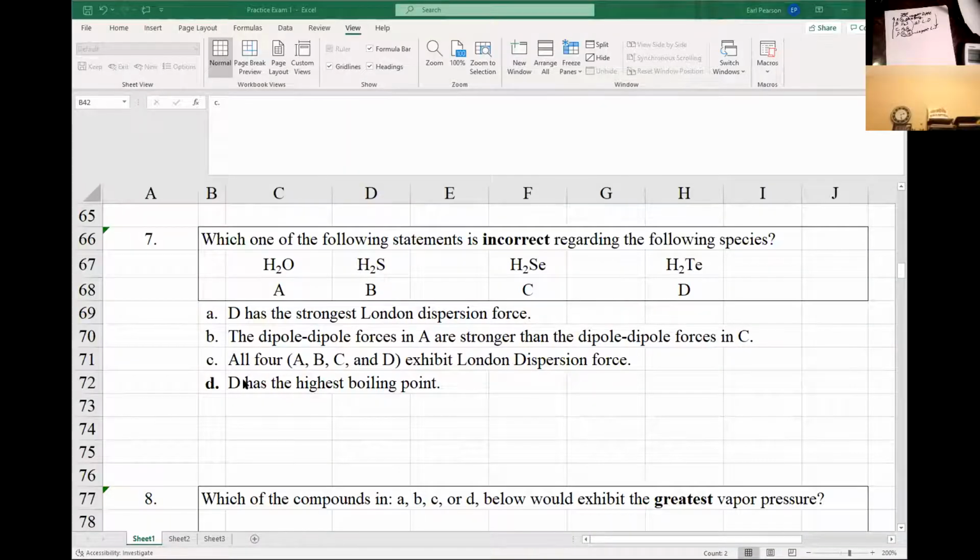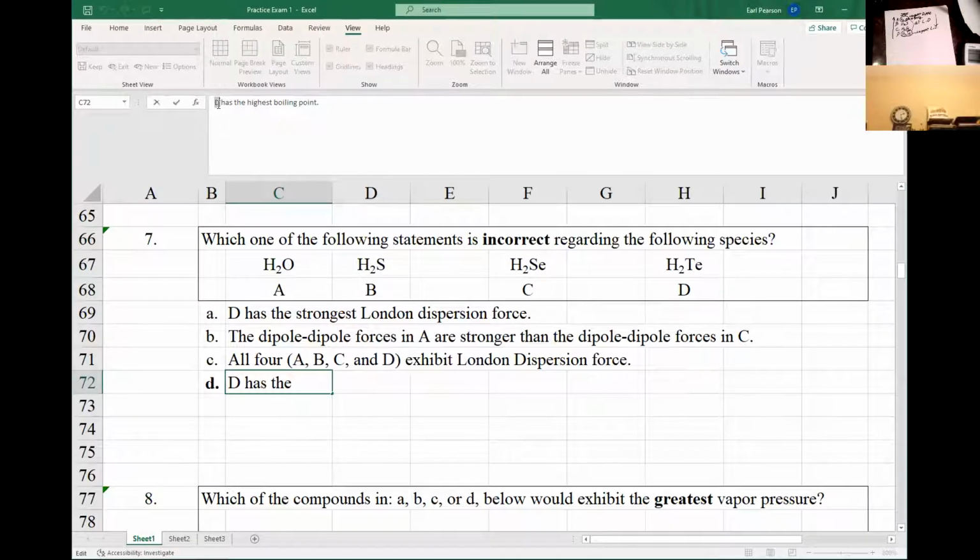I think they got changed. Maybe alter this, but D is not the highest boiling point. That's going to be A. So I'm going to modify that on here to read correctly.